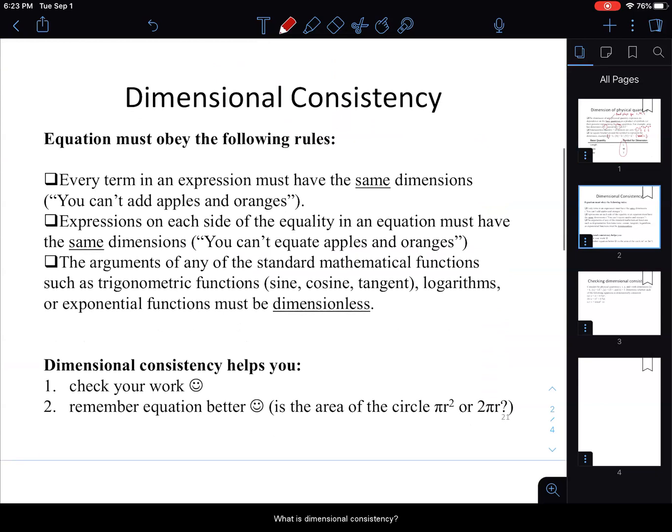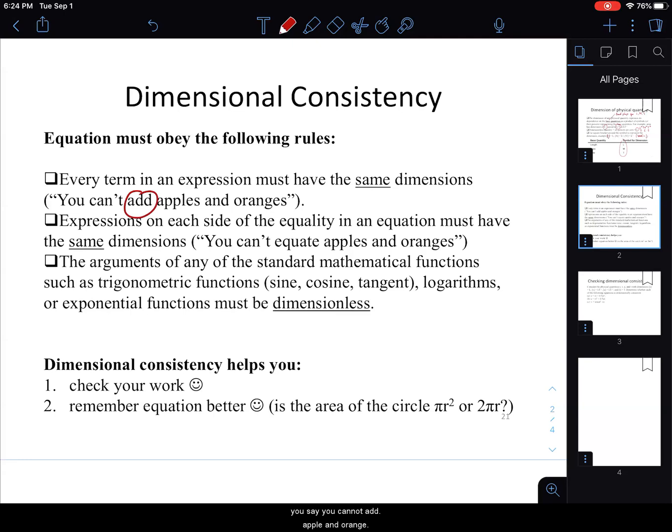What is dimensional consistency? Dimensional consistency states that an equation must obey the following rules to be consistent. Every term in the expression must have the same dimension. The way to remember is you cannot add apples and oranges.